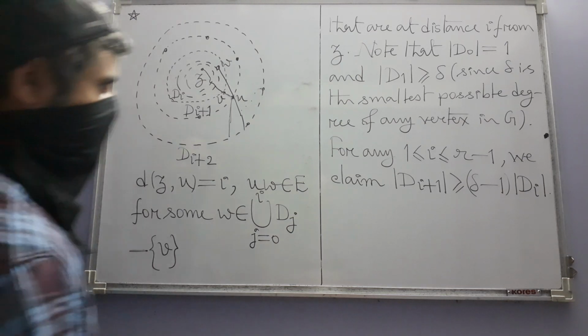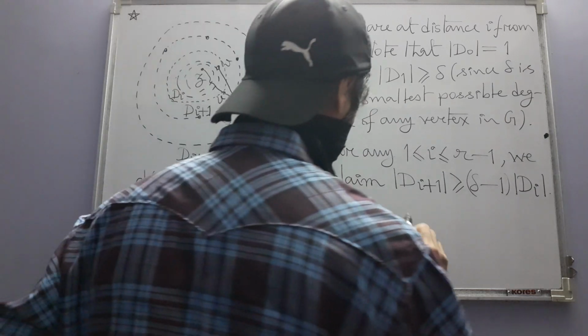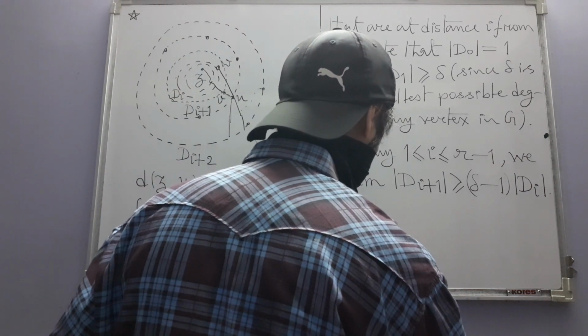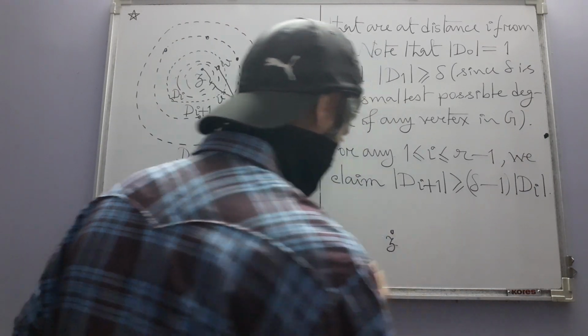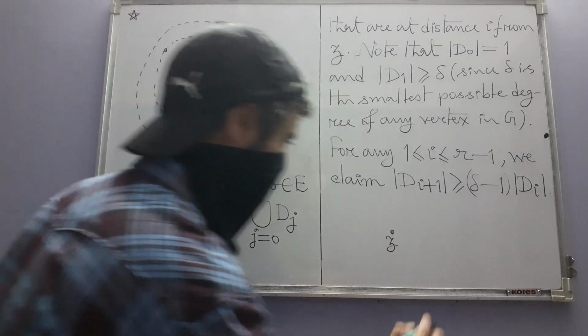So now the situation is this. Let me draw a clearer picture here. This is Z, the central vertex.